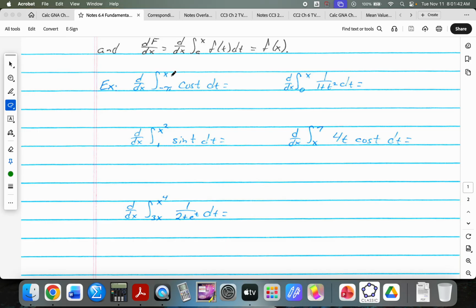So this is a function of x. So I'm taking the derivative with respect to x of this. It does not matter what the lower limit is or what constant it is. Now, if it's not a constant, that's something different. But this can be any constant. It does not matter at all. As long as this is simply x, which in this case it is, this is just going to be cosine of x. Done.